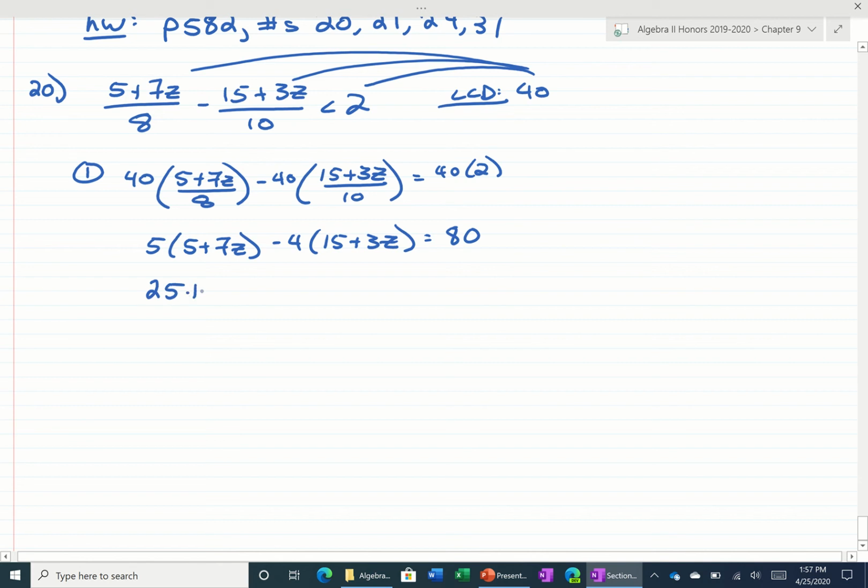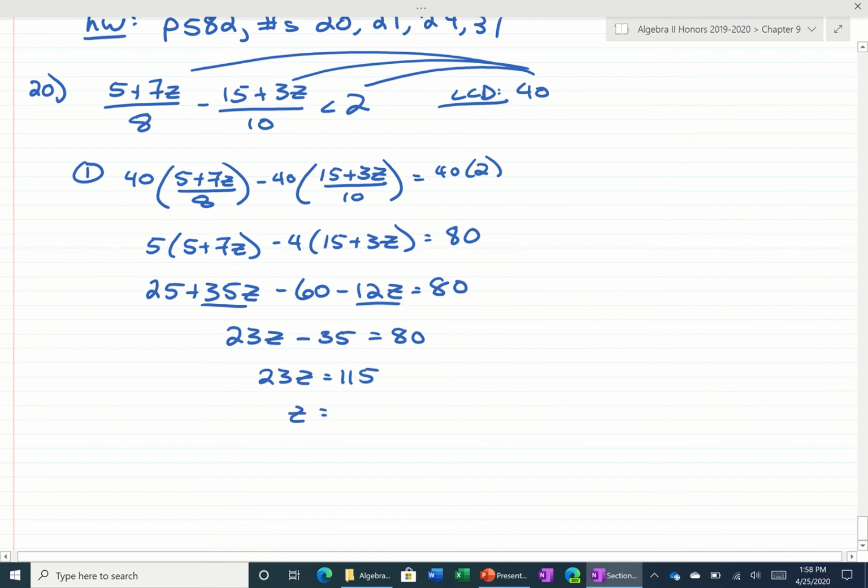This would be 25 plus 35z minus 60 minus 12z is 80. Combine like terms. And I'm getting z is equal to 5.